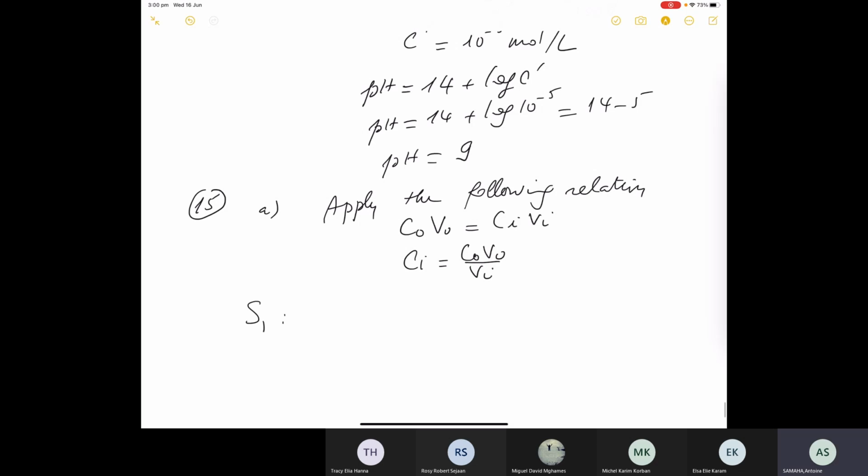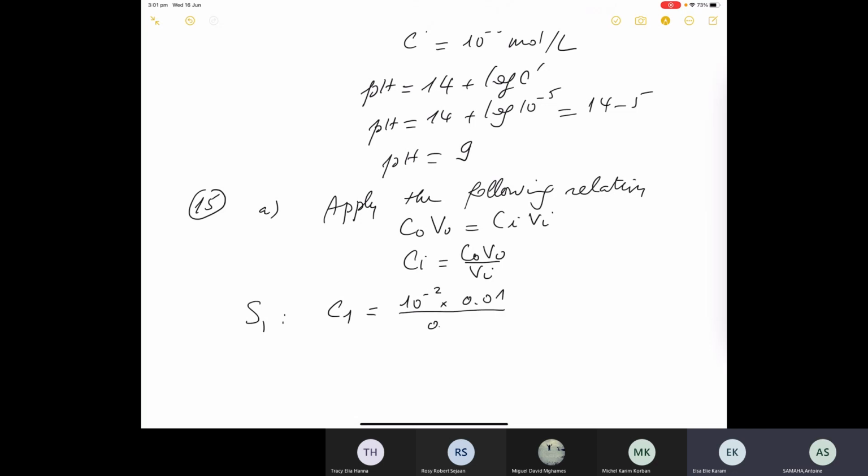For S1, C1 is equal to C0, what was it? 10 negative 2. C0 is 1 times 10 negative 2, and V0 is 0.01 over 0.02.